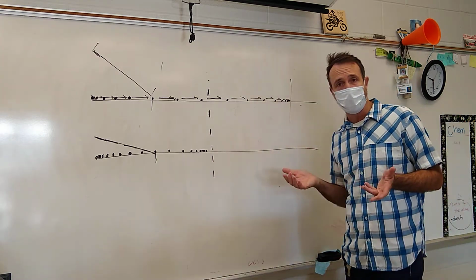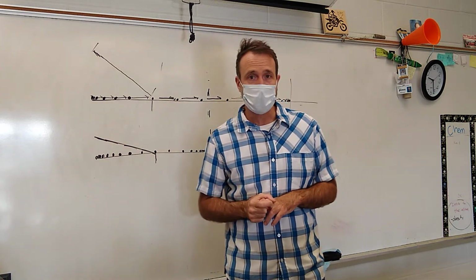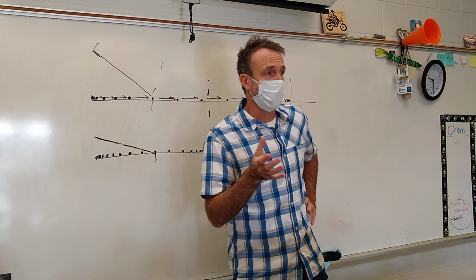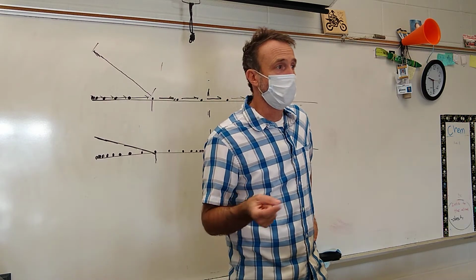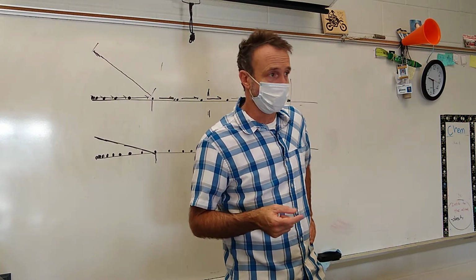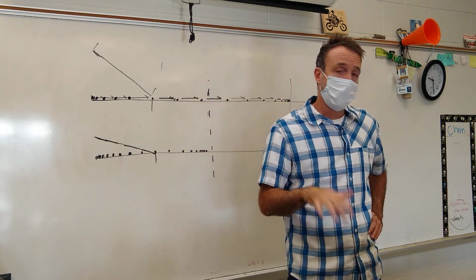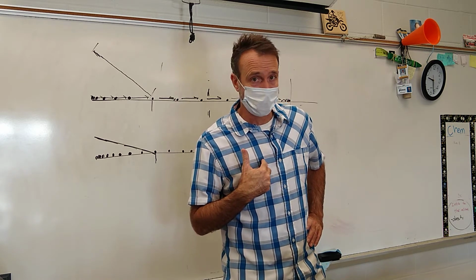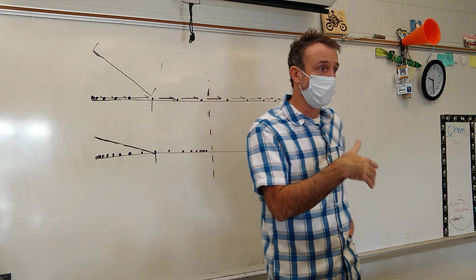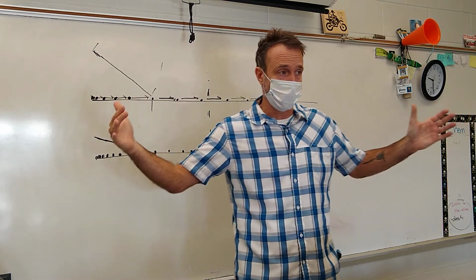Well, the next thing we're going to do is we're going to go out in the hall, we're going to do a little lab, and we're going to learn how to calculate the velocity of a car. And in this situation, we're going to use a remote control car. Now, normally we use the metric system, so we calculate velocity in meters per second or kilometers per hour if it's a big car.